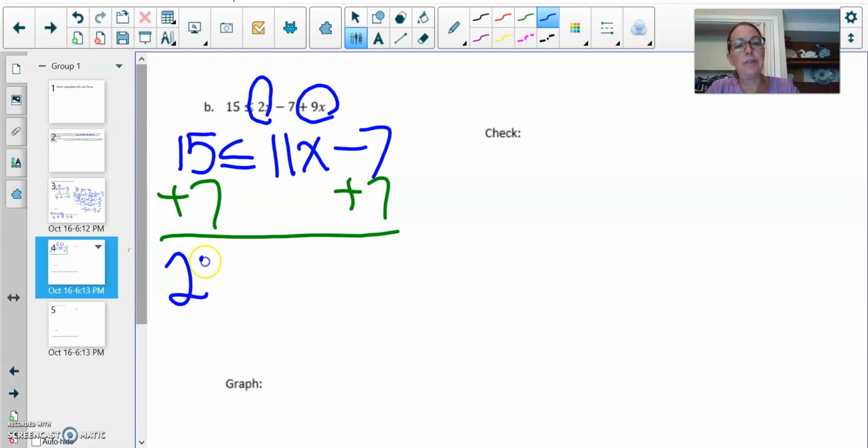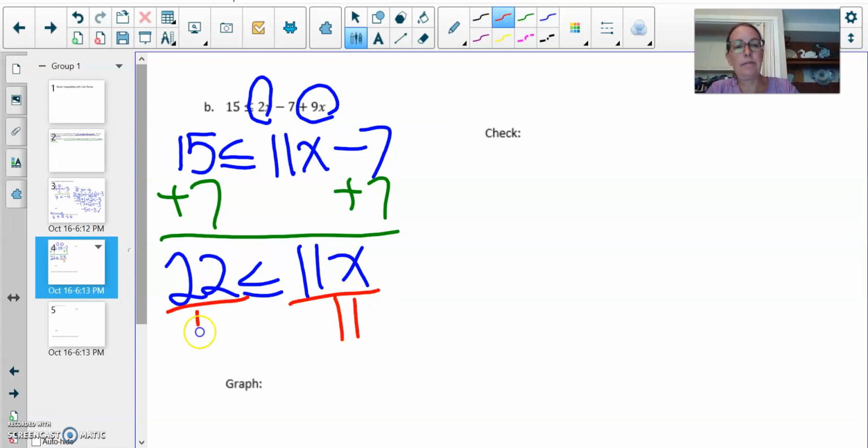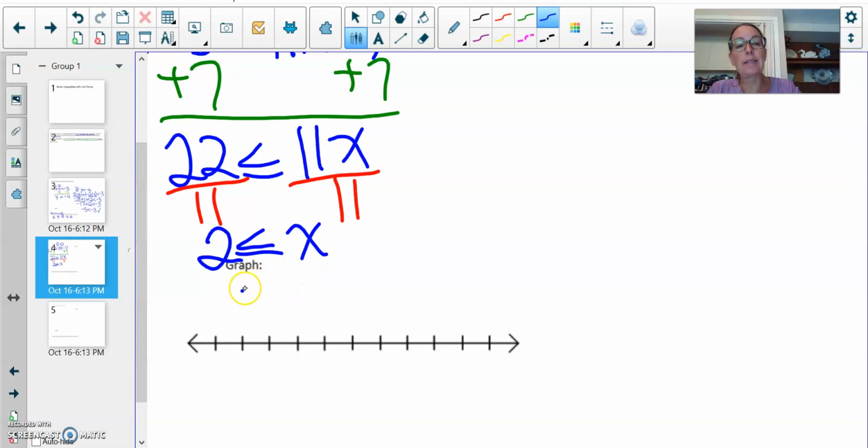I get 22 is less than or equal to 11x. Divide by 11. I get 2 is less than or equal to x. I always like to rewrite it with the variable first though, because it helps with my graph. So that says x is greater than or equal to 2.